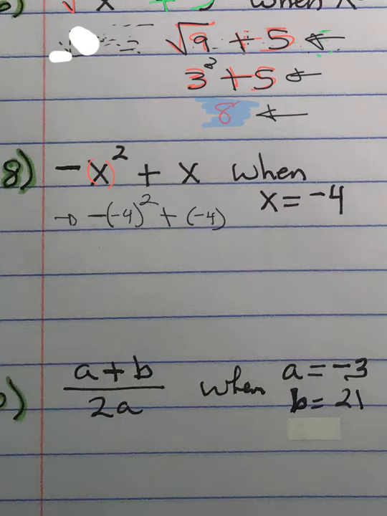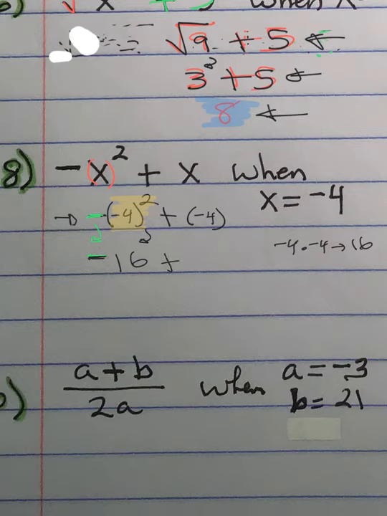Now we have to do order of operations. Order of operations says you have to do exponents first. So we have to do negative 4 squared. Notice there's that extra negative sitting outside of there, right? So we have to do negative 4 squared first. And remember that negative 4 squared means negative 4 times negative 4, which is positive 16. So this is positive 16. And then we still have this negative sitting out in front of here that we have to recopy.